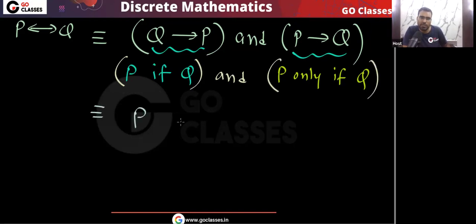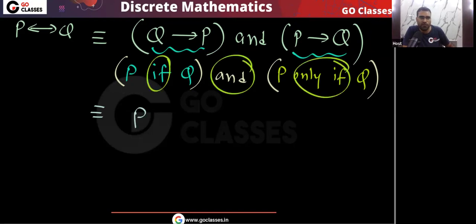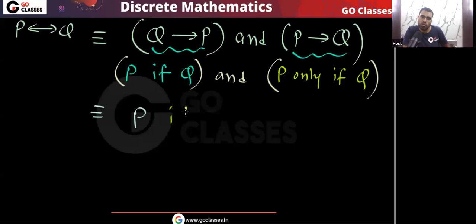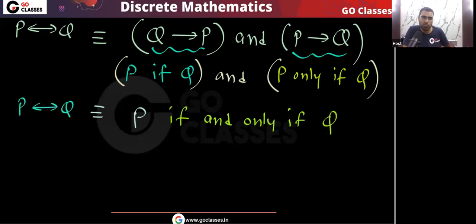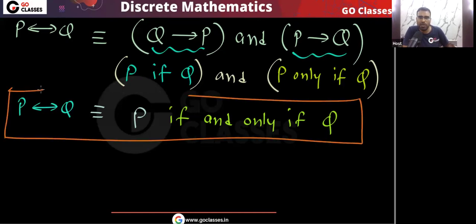You will get P if and only if Q. Is this clear? So this is how you will read P biconditional Q: P if and only if Q. Did you understand? Let me know.